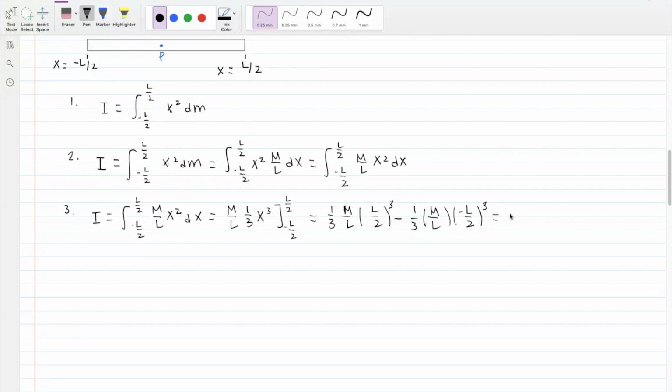So this will give us 1 over 24th m L squared for this portion. And because we have two negatives, and this is to the power of 3, we add 1/24th m L squared, and this will simplify to 1 over 12th m L squared.